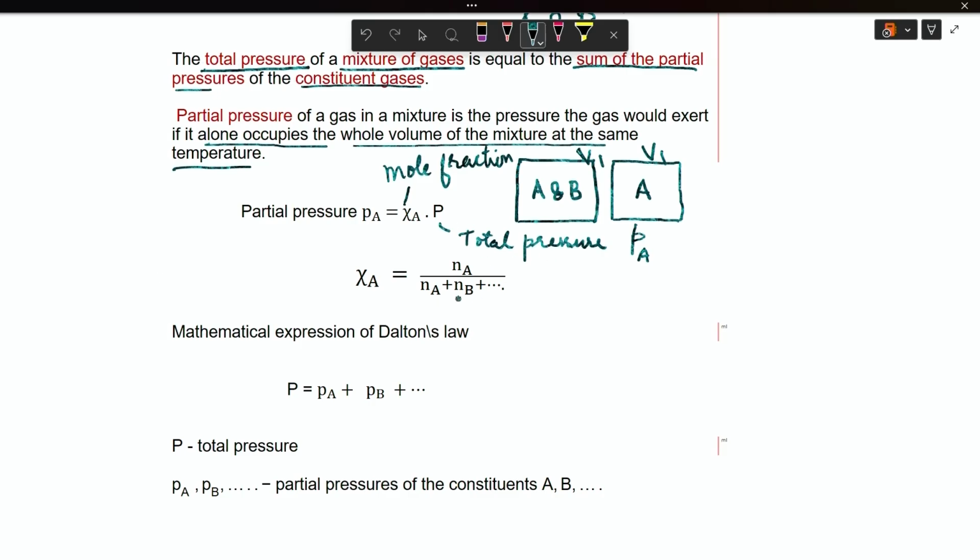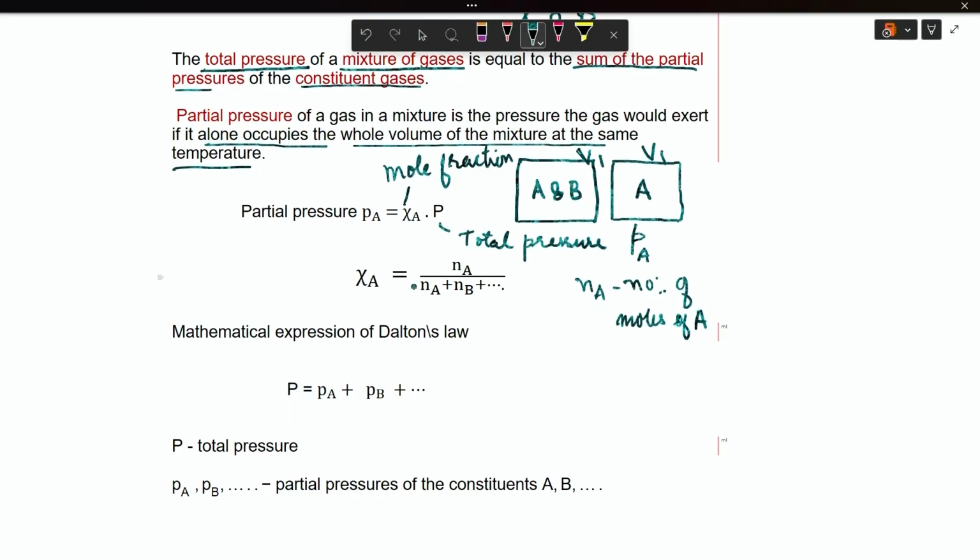Suppose here I am having more than 2 constituents, that is A, B, C, etc. The mole fraction of A, that is chi A, will be equal to number of moles of A, n A, divided by, if it contains many constituent gases like A, B, C, etc., the total number of moles.